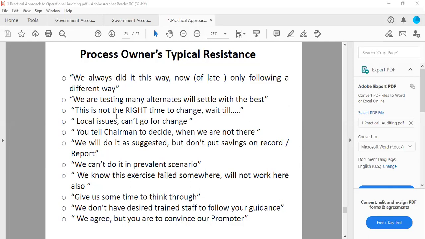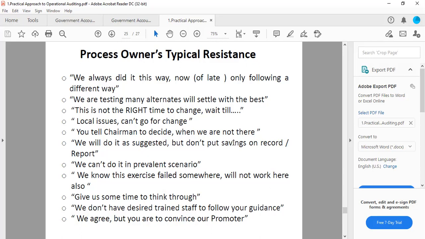And here are some of the questions or concerns that the process owners would be asking or reacting with in terms of changes in the operations. Examples: we always did it this way, now of late, only following a different way. And normally the concern would be that we were okay with the previous or the current one. We were able to do the same things, provide the necessary deliverables or outputs. And why is there now this particular alternative?